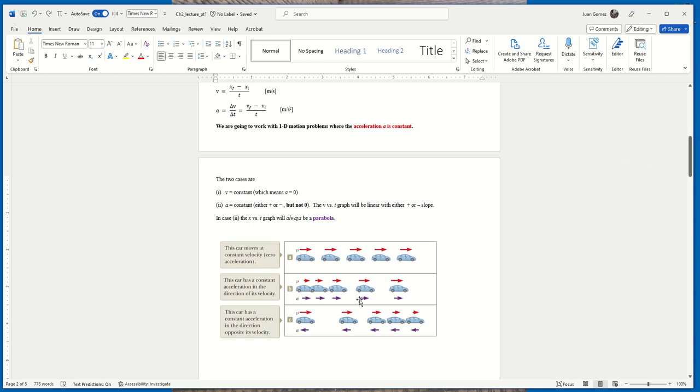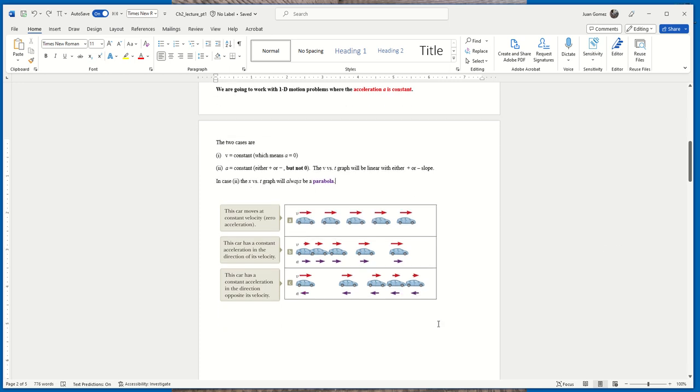Here's a little sketch, just in panel A. Notice here the speed is constant, meaning a is 0. What we're doing is assuming that between each of the arrows, the time interval is the same. Whether it's panel A, B, or C, the time interval between each frame is the same.